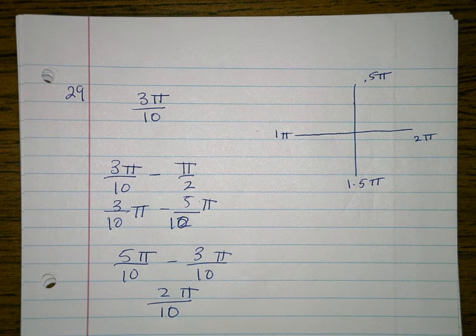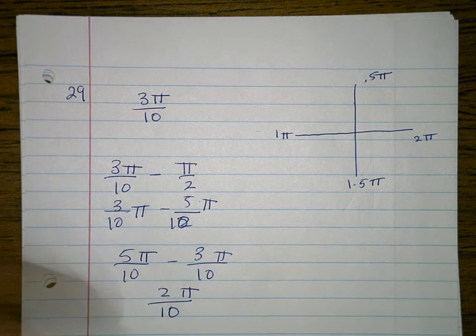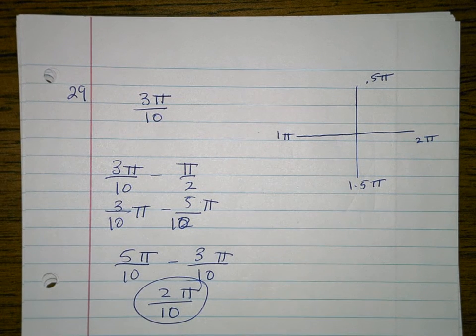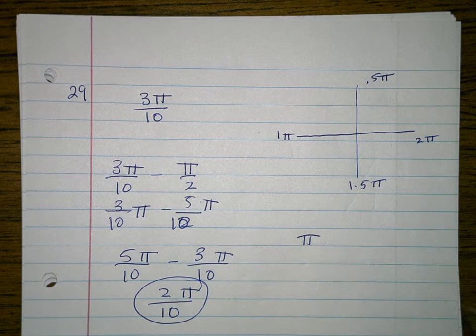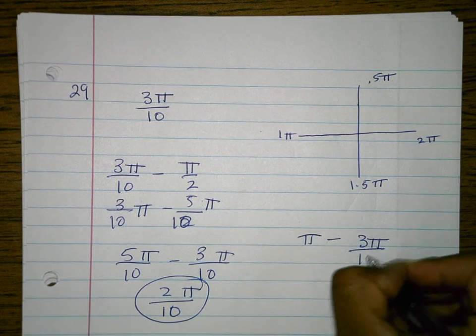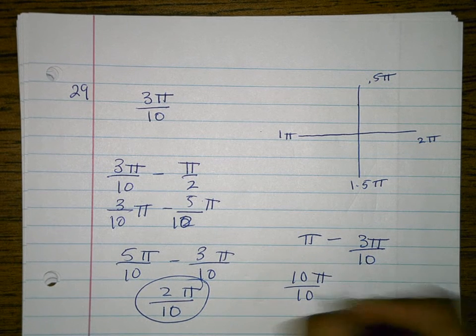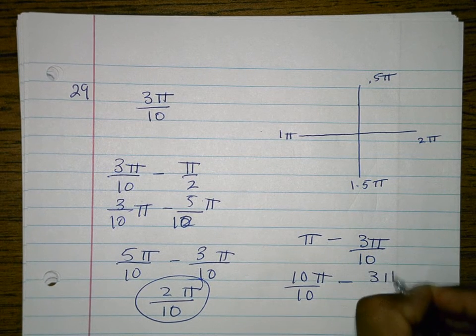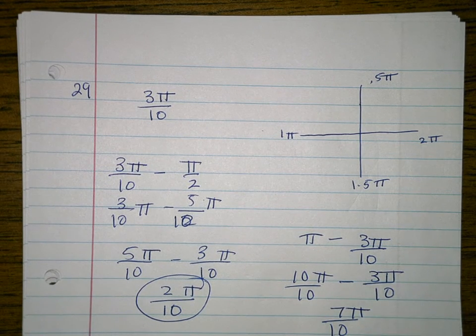You can see that 3 plus 2 is 5, and 5 over 10 is a half, so that gets me to half a pi. There is my complement. For my supplement, I subtract from 180, or in other words pi, because I'm doing this in radians. So this would be 10 pi over 10 minus 3 pi over 10, and that's 7 pi over 10, or 7/10 pi.